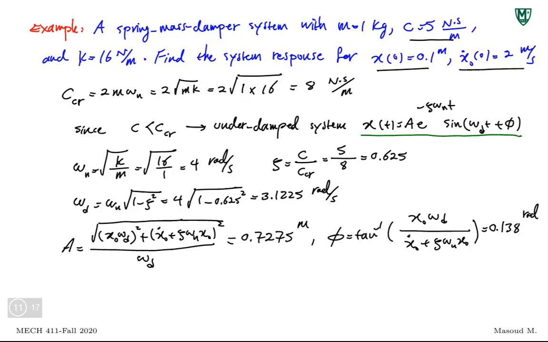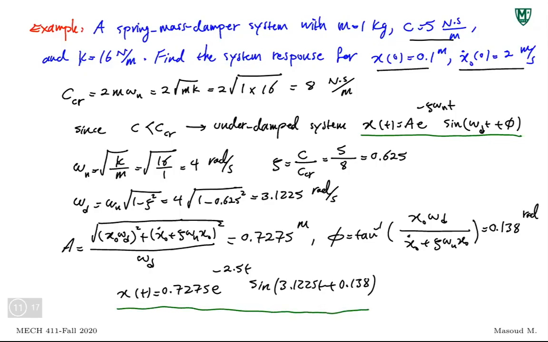You will get x(t) equal to A, which is 0.7275, e to the minus zeta, which is 0.625, times omega n. Did I do the math? I got minus 2.5 t. Hopefully I didn't make a mistake. Sine of omega d, which is 3.1225 t, plus 0.138. And that would be the system response.